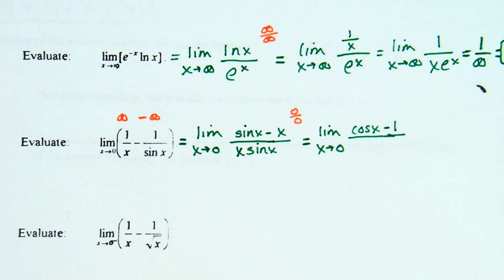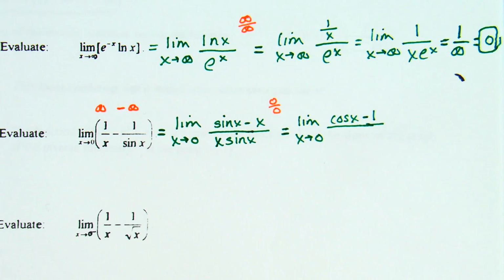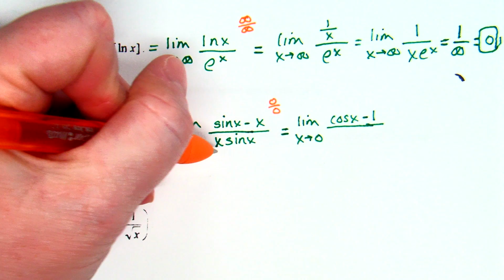What is the derivative of x sine x? Sine x plus x cosine x. Yeah, we don't want to hear this, but what has to happen when you see the x sine x? Product rule, right?